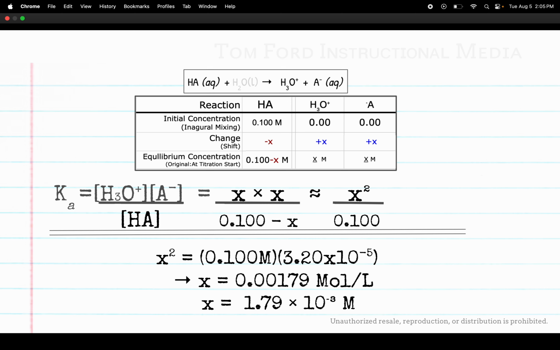Okay, and then we square both sides, and that tells us that the x value of shifting is just 0.00179 moles per liter. That can indeed be reported as 1.79 times 10 to the negative 3 moles per liter. Again, what does that x represent?